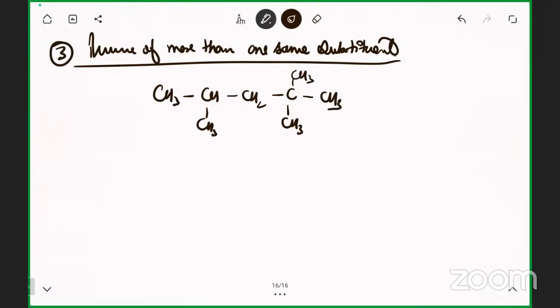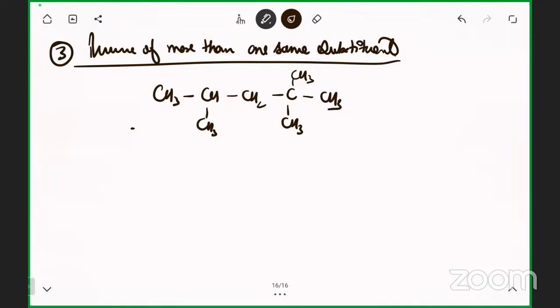From which side should I do the numbering? Left side or right side? From left side. Right side, sir.